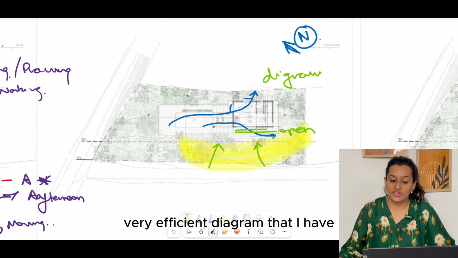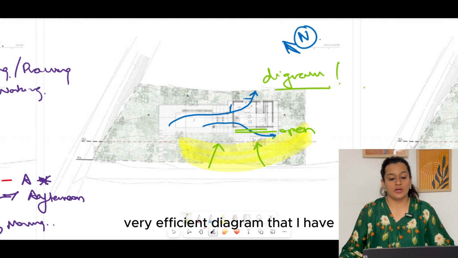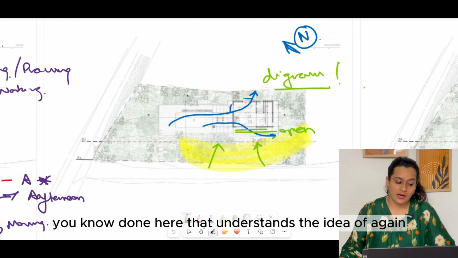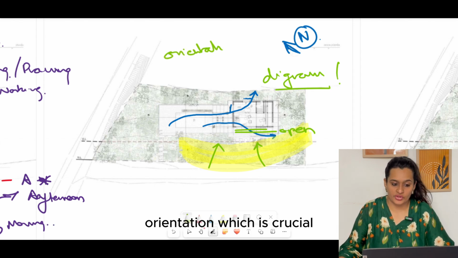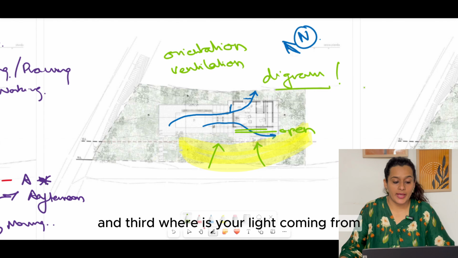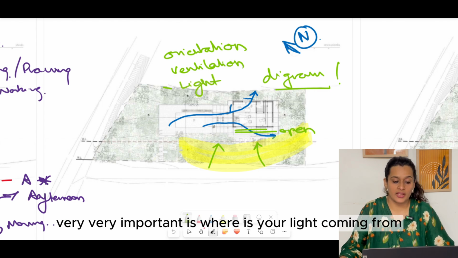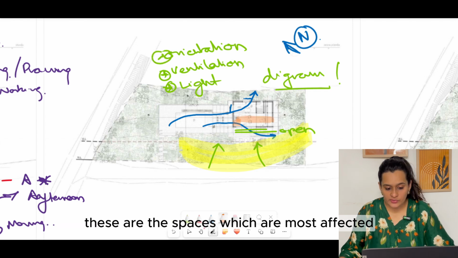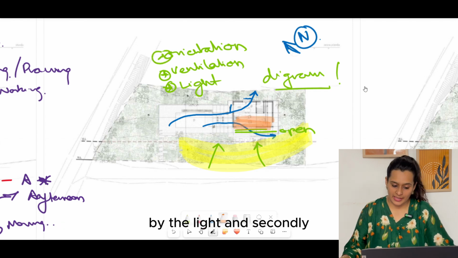So these are some of the strategies which you can apply, very simply with the help of a very efficient diagram that I have done here, that understands the idea of, again, orientation, which is crucial. Second is your ventilation. And third, where is your light coming from? Very, very important is where is your light coming from. These are the spaces which are most affected by the light.